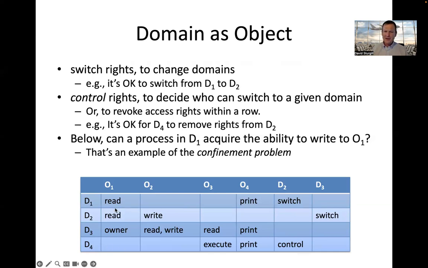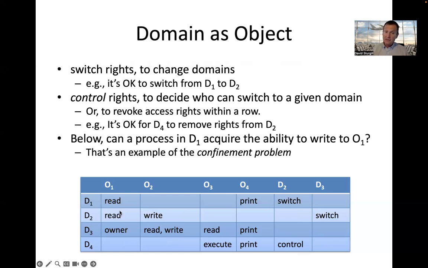Like we might ask, if you're in domain D1, can you write to object O1? Well, it doesn't say that you can, so you can't, at least not at the outset. But if you're running in domain D1, it looks like you could switch to domain D2, and you still can't write to this object, but from D2, you could switch to domain D3, and now you're the owner of that object.